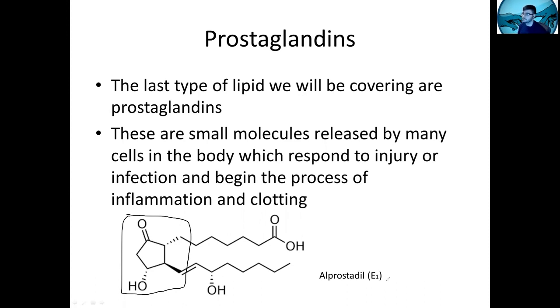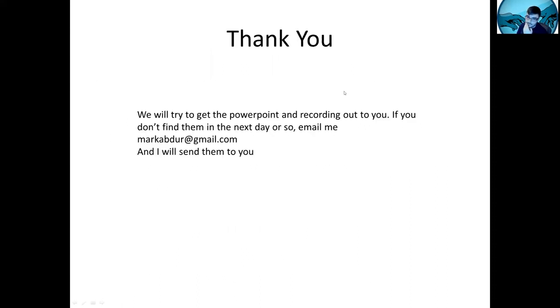I don't believe you really have to know the inflammation process in depth, but anti-inflammatories, when you take a non-steroidal anti-inflammatory drug like Motrin, ibuprofen, or Tylenol, usually target the production and the process of prostaglandins. This is what starts the whole inflammation and clotting process when you get injured or sick. And they're also lipids, of course.